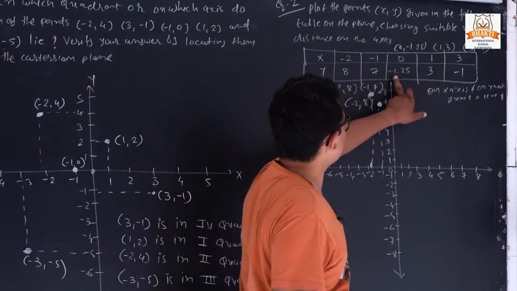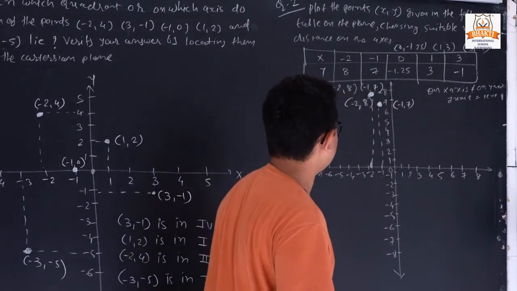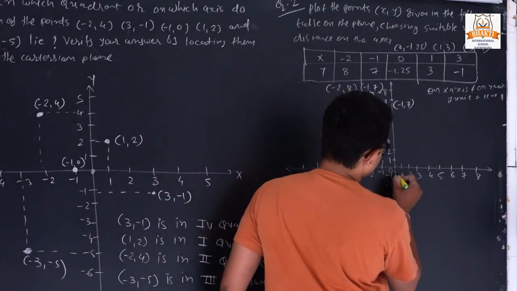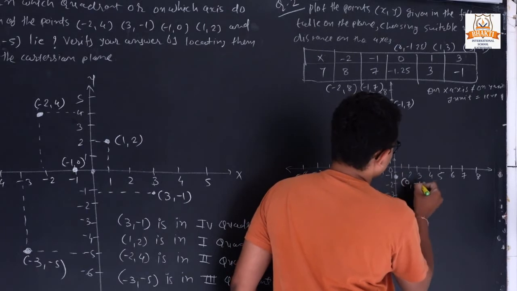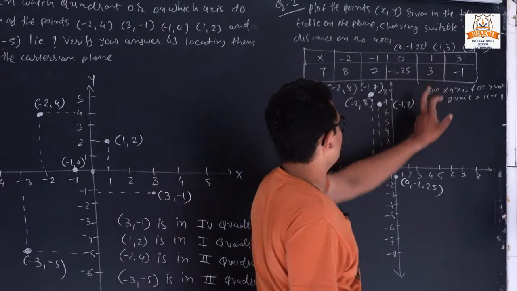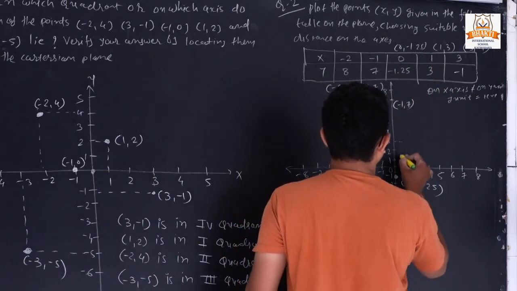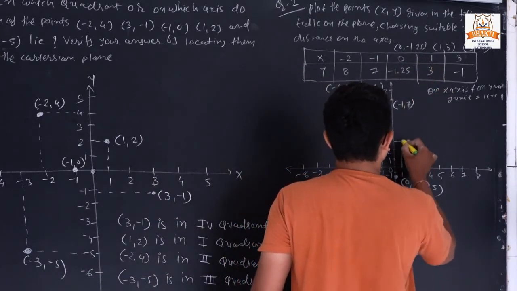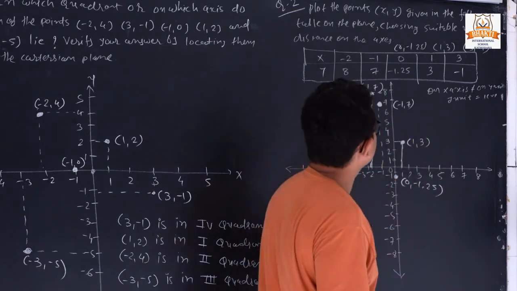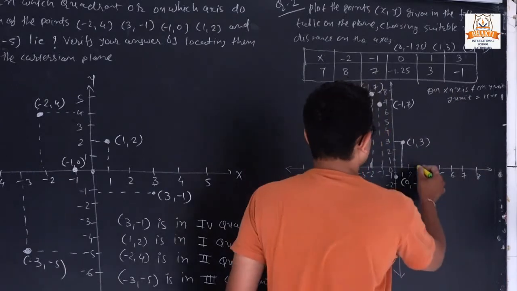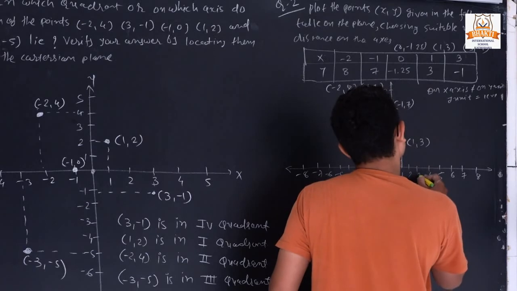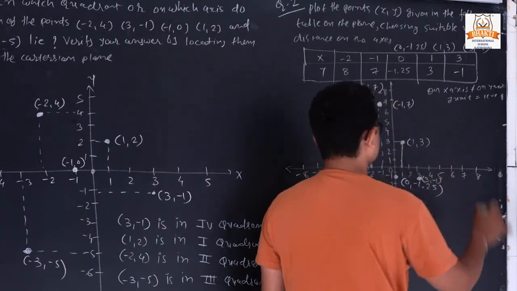Then (0, -1.25), so x coordinate is 0 and y is -1.25, so it is here. Next (1, 3), 1 and 3, so it is here. Then (3, -1), 3 and -1 both are matching here. So (3, -1).